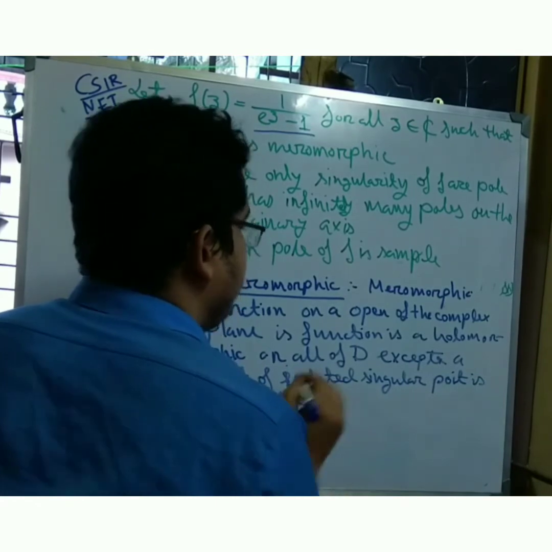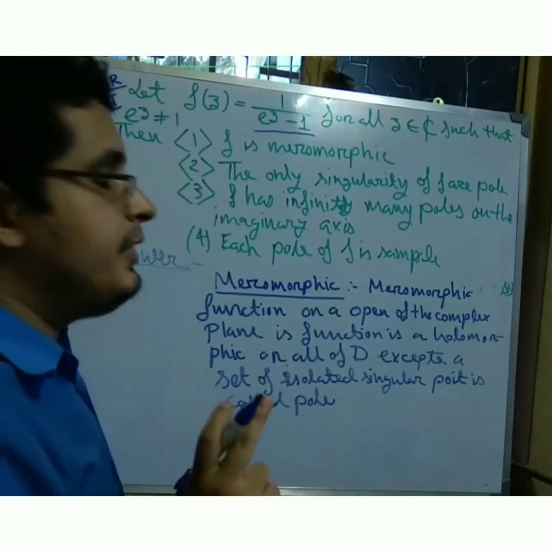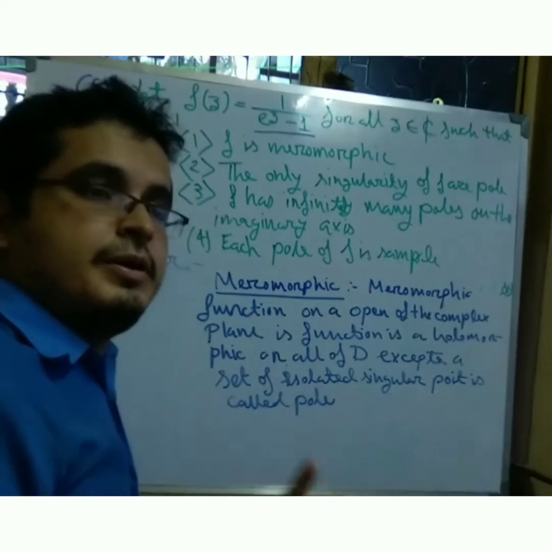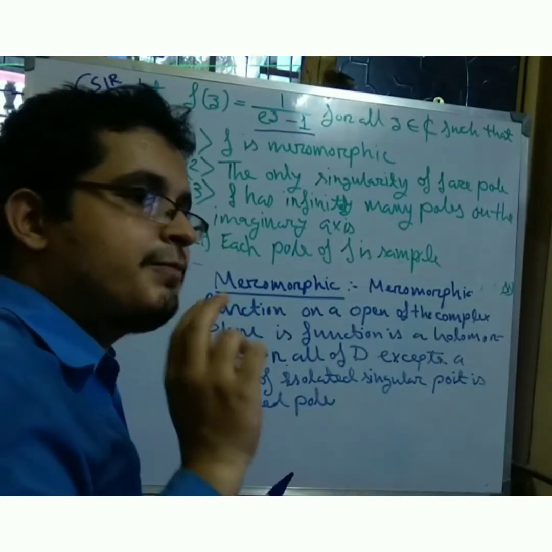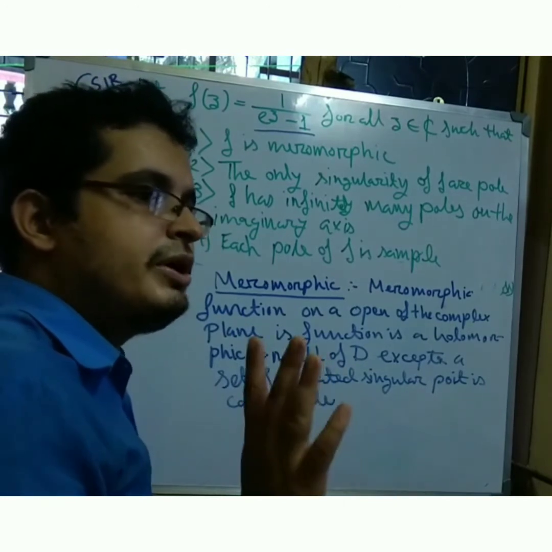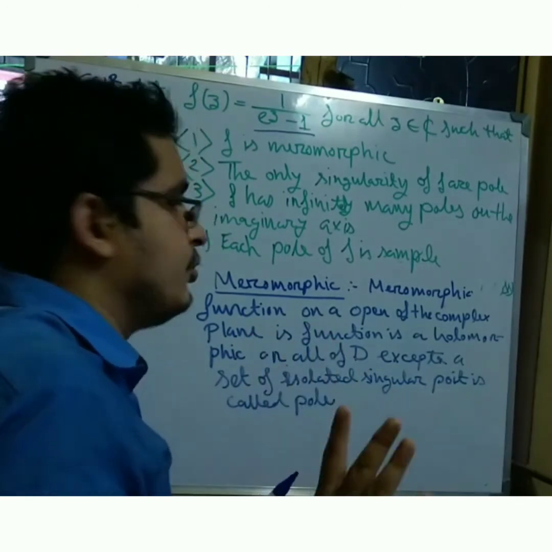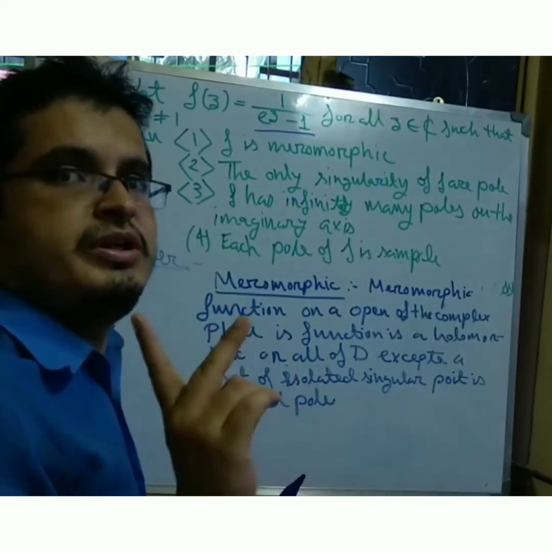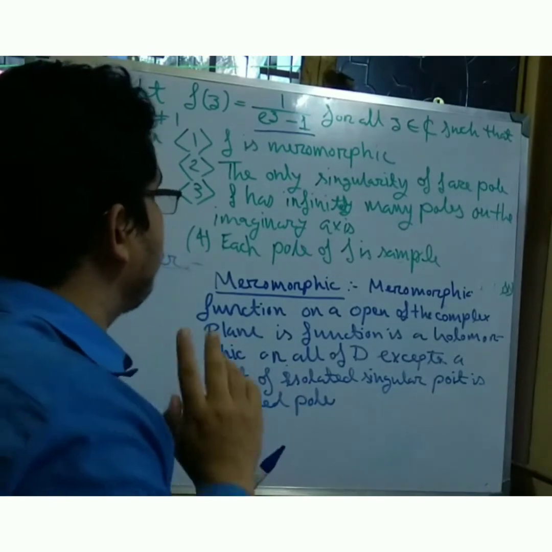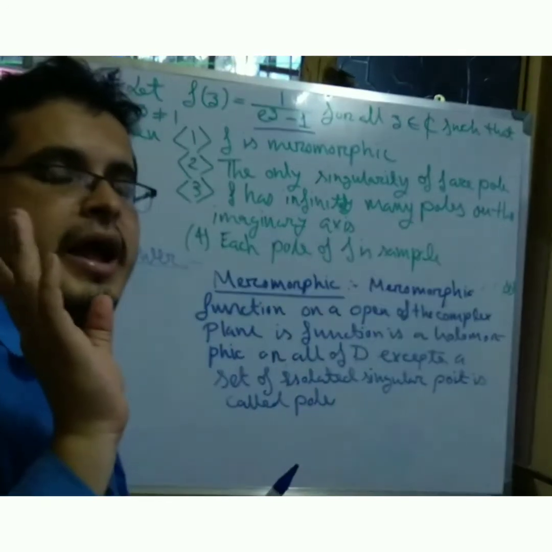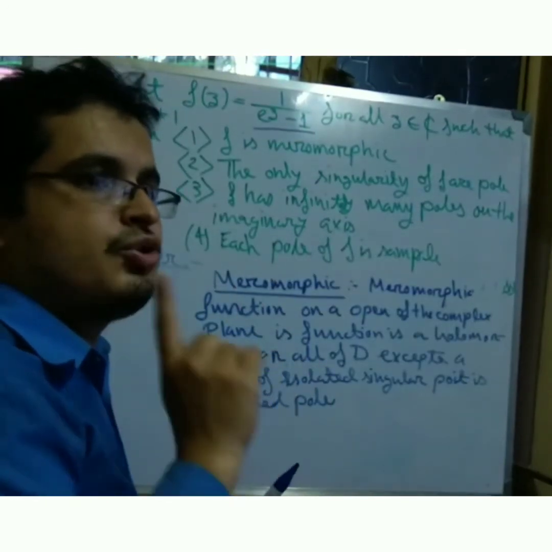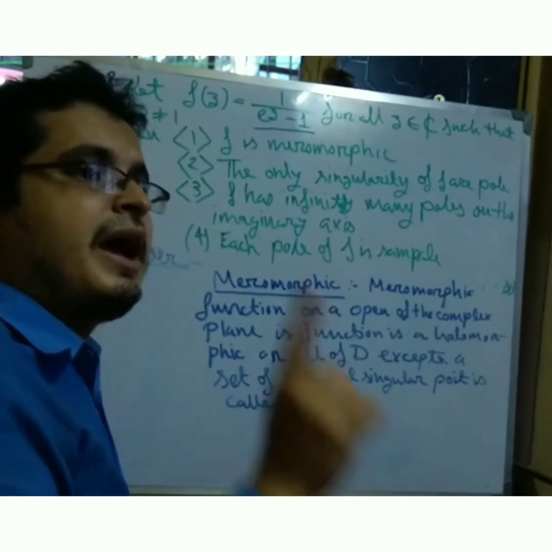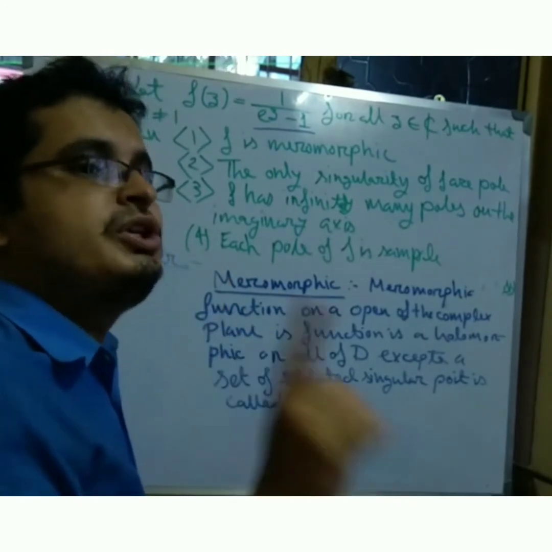So friends, you have to remember that a meromorphic function is a holomorphic function, but it has finite or infinite poles. The singularity is only pole. Means a meromorphic function has only poles as isolated singular points.